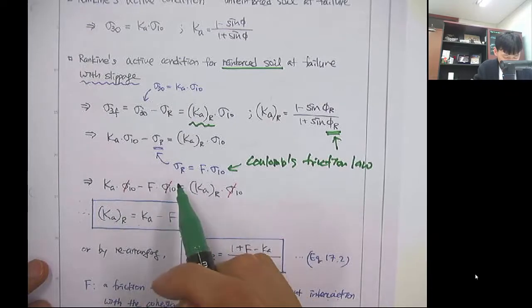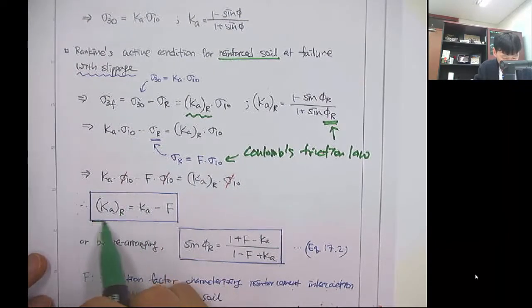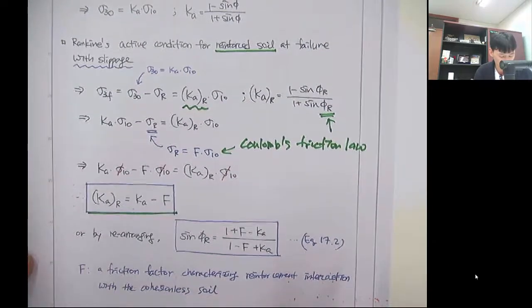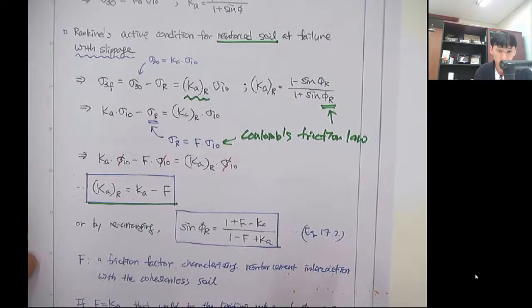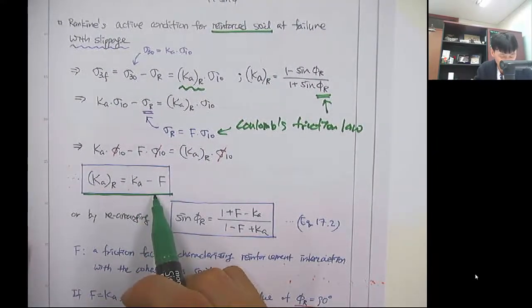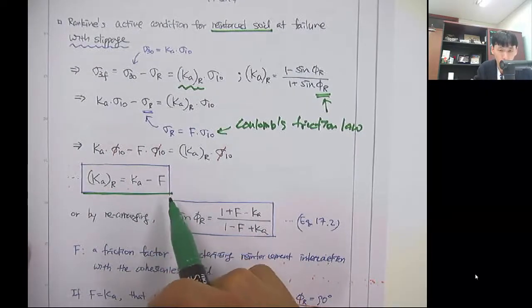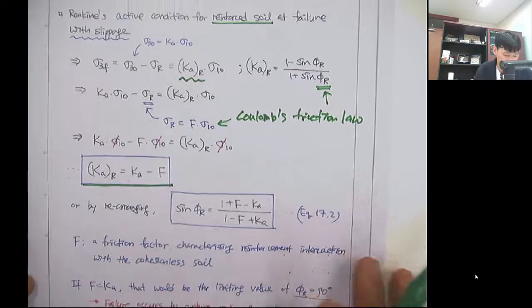So in the end, as a result, you have this equation. KAR, the active coefficient of lateral pressure of reinforced soil, will be expressed as Ka minus F. So the active pressure is decreased by this amount, F, when you have the same amount of normal stress.